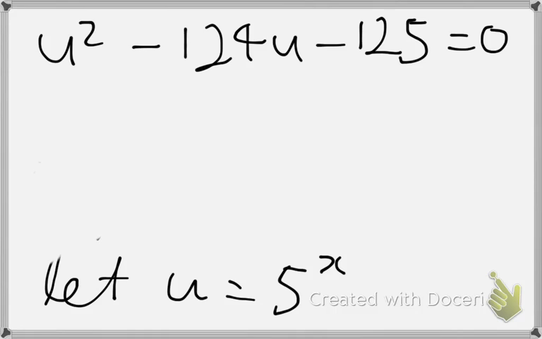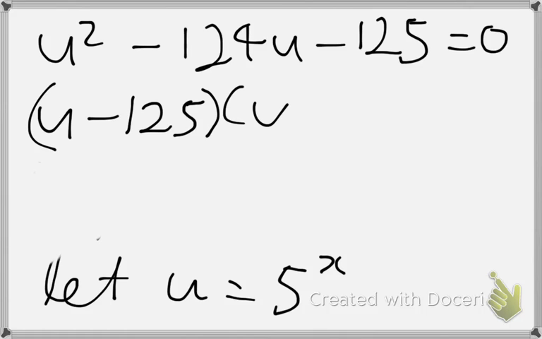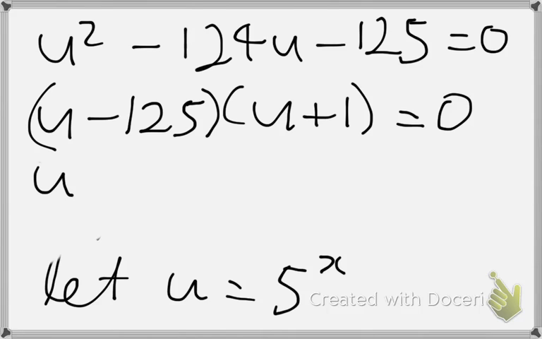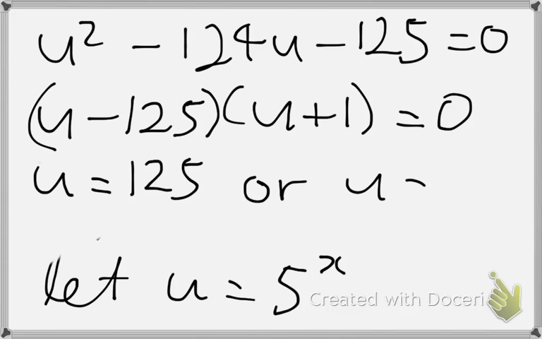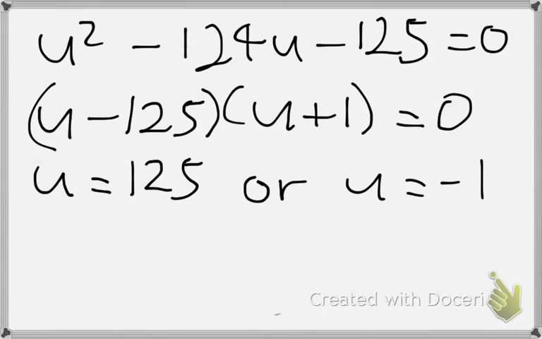I then factorize, and my two numbers are minus 125 and plus 1, so that's u minus 125 and u plus 1 is equal to 0. I solve that and I get u equals 125, or u is equal to minus 1. But if you recall, u is just 5 to the power of x.